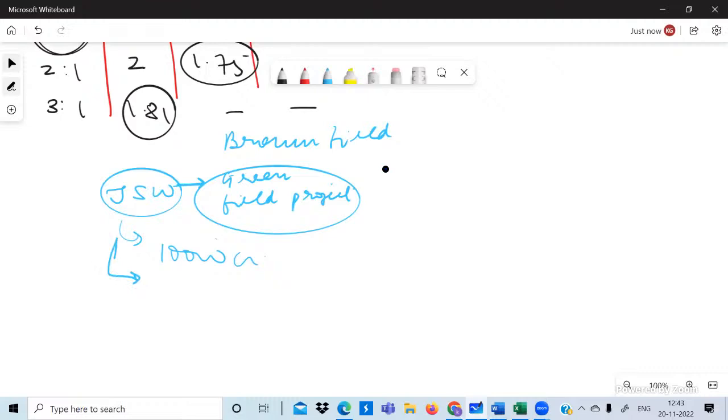The debt equity ratio will become, let's say, 2.5:1. And if they go ahead with this 10,000 crore worth of loan, the DSCR will become, let's say, 1.42. So they want a loan of 10,000 crores, which means the debt equity ratio will become 2:1, which will lead to a DSCR of 1.42, which is far lower than 1.7, 1.8.